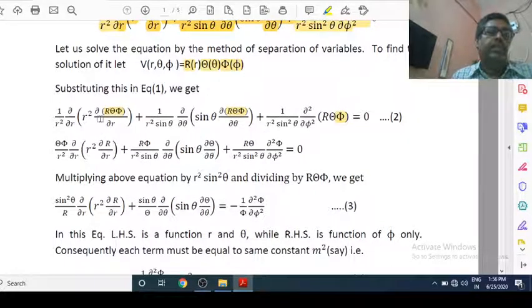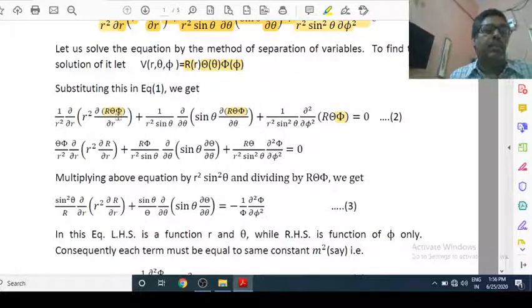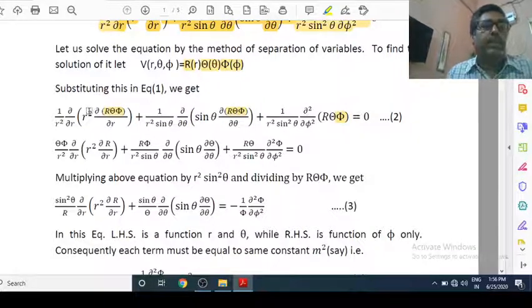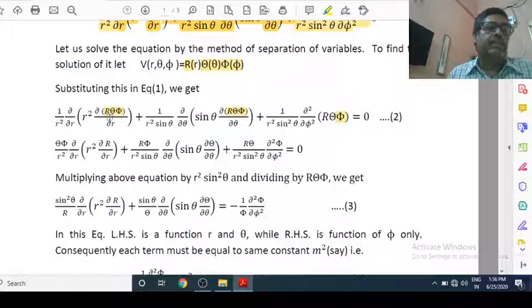Now, one thing you will notice: here del r is denoted, so the partial differentiation will be with respect to r, meaning R is differentiable here, but Theta and Phi will not be differentiated, so they may be treated as constants.